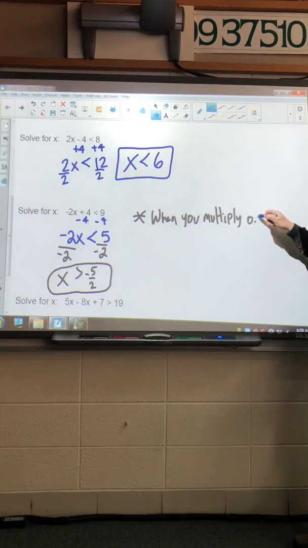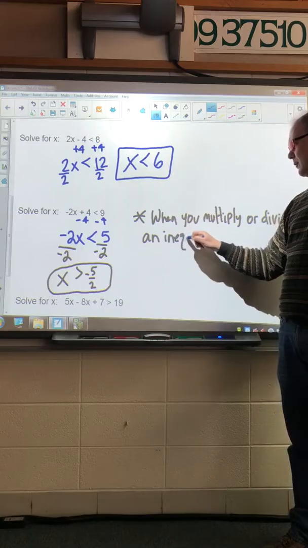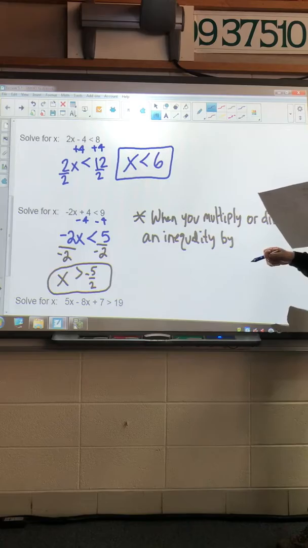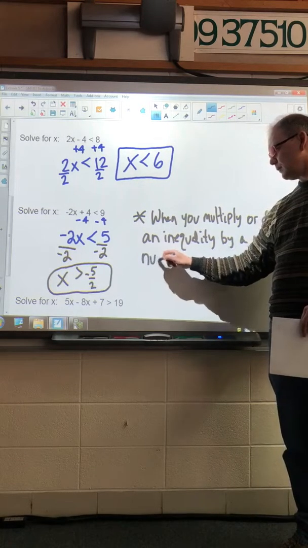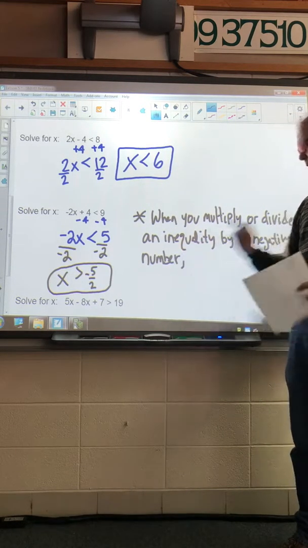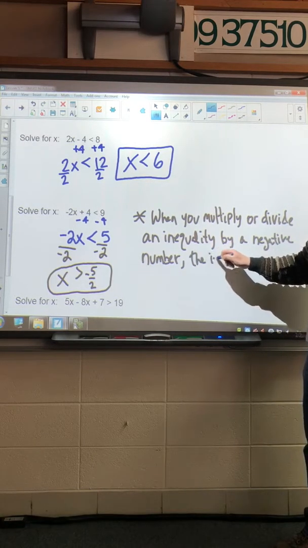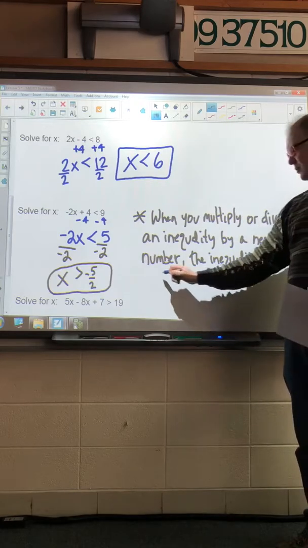So when you multiply or divide an inequality by a negative number, then the inequality sign changes direction.